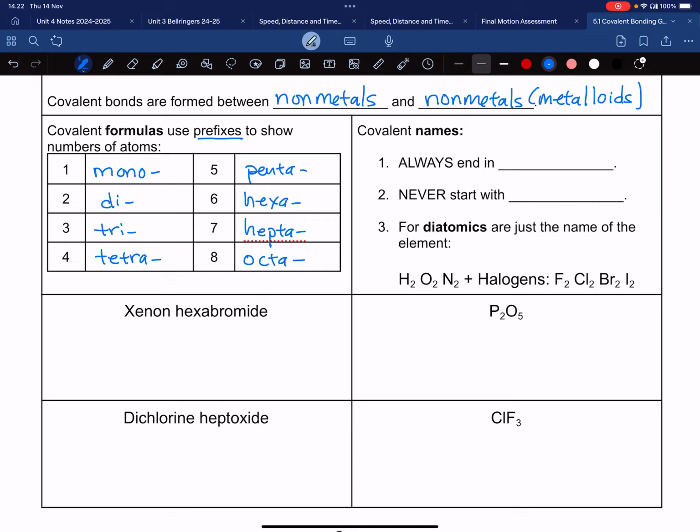And you probably all also realize that they are always going to end in an IDE. Always. You drop the end of the element, put the IDE on. They are never going to start with the word mono. You will use that for the second element, but never for the first.